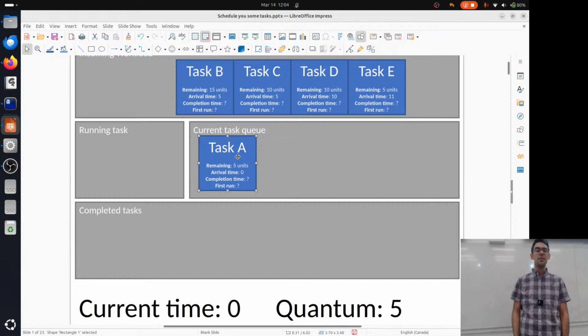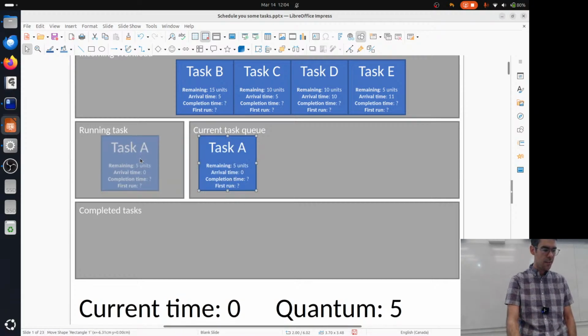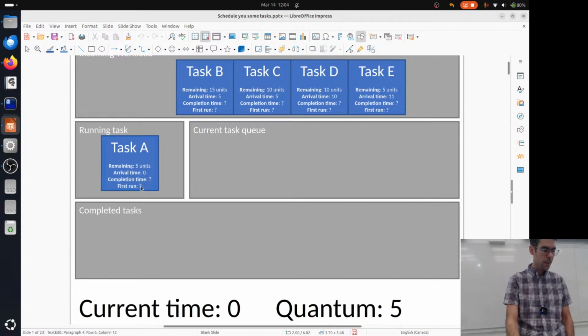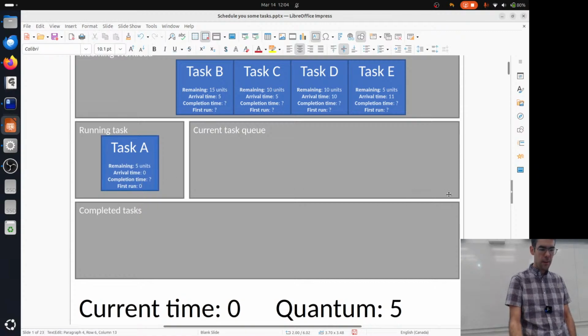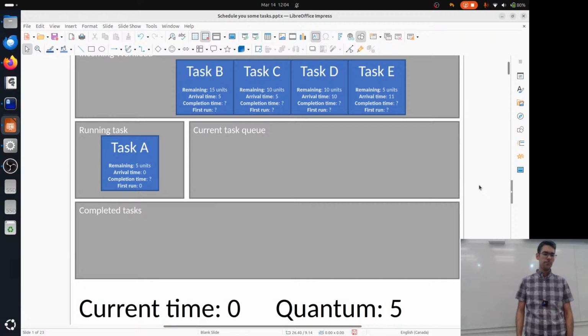This is the only thing that's in the queue right now at time 0, so it's there. And also instantaneously at time 0, I'm going to say that task A gets to go onto the processor. So its first runtime is going to be at time 0. I'm going to skip ahead straight to 5 units of time.